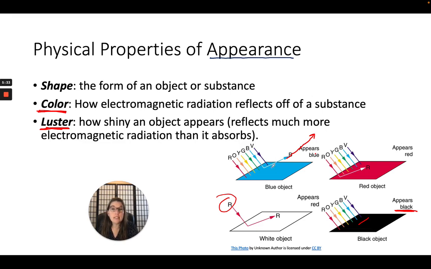So it's a little bit different than color because color is giving specific wavelengths, and luster is just going to reflect a whole lot of light back to you so that it's going to appear very bright. A substance that is more darkly colored or has low luster is not going to reflect a lot of light back to you, so it's not going to appear shiny.